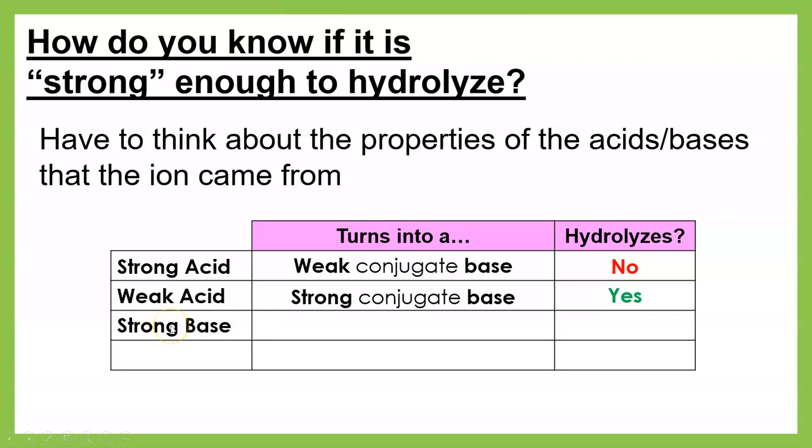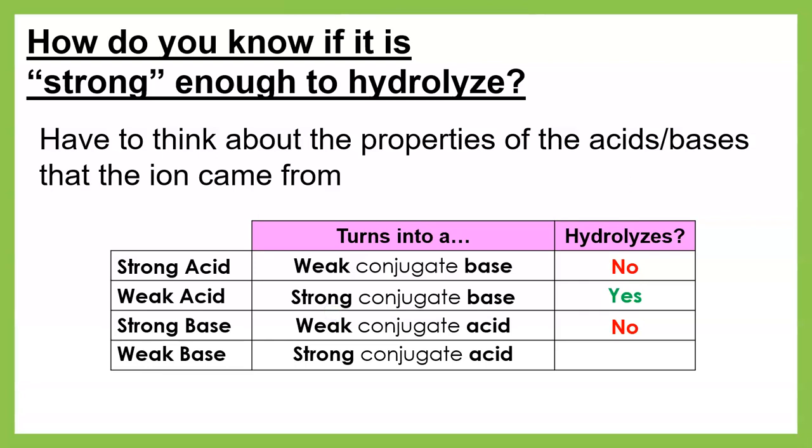If you have a strong base, your ion would be a weak conjugate acid, right? Not going to hydrolyze. But if you have a weak base, you'll end up with a strong conjugate acid, and then it does hydrolyze. So the key here is knowing your strongs and weaks, and then understanding that they're going to dissociate into the opposite. Strong acid turns into a weak base, etc.